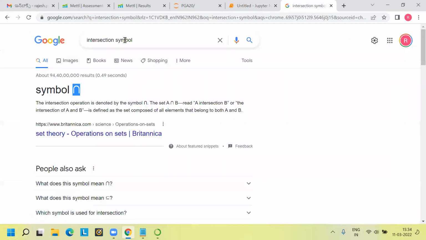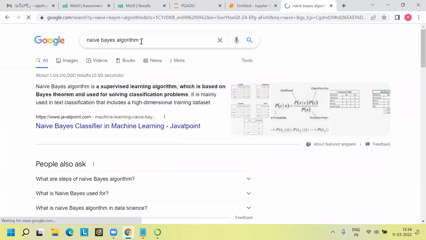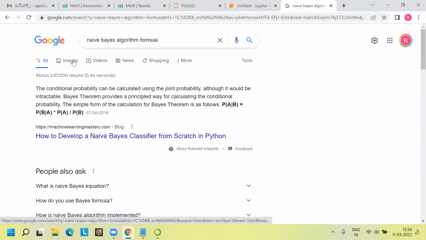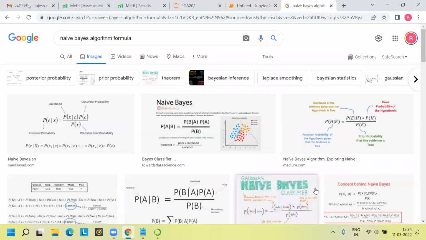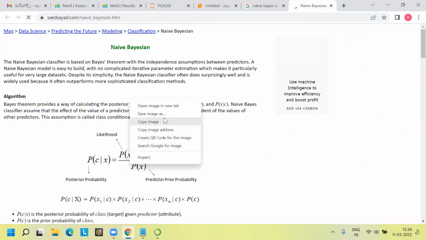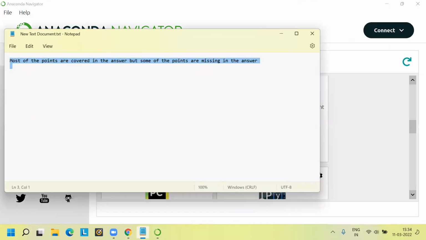So the naive Bayes algorithm formula, let me give the formula also. This is better. Here C means Y, okay? That's the only change. Please don't get confused.